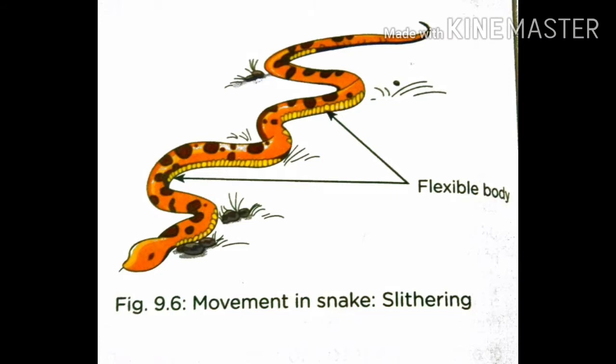These interlinked vertebrae and strong muscles attached to them give flexibility and slithering movement to snakes.